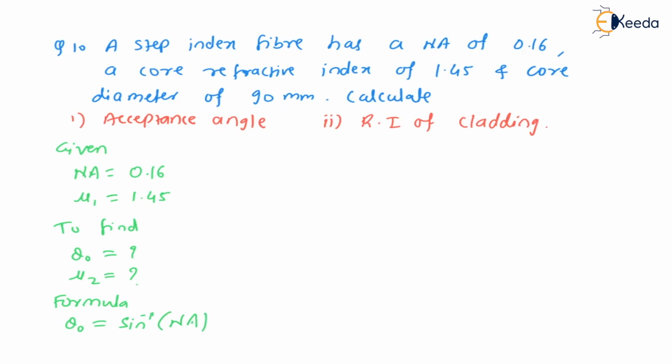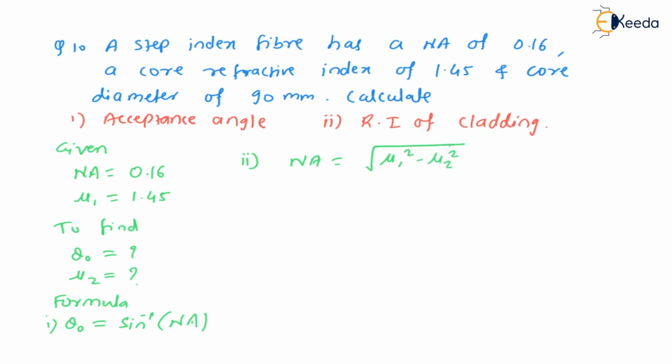So by using this formula, we can easily find out the value of acceptance angle. And then for the second one, that is the refractive index of cladding, they have mentioned the value of Na, so again we will use the formula of Na only. So the formula of Na is under root mu1 square minus mu2 square.